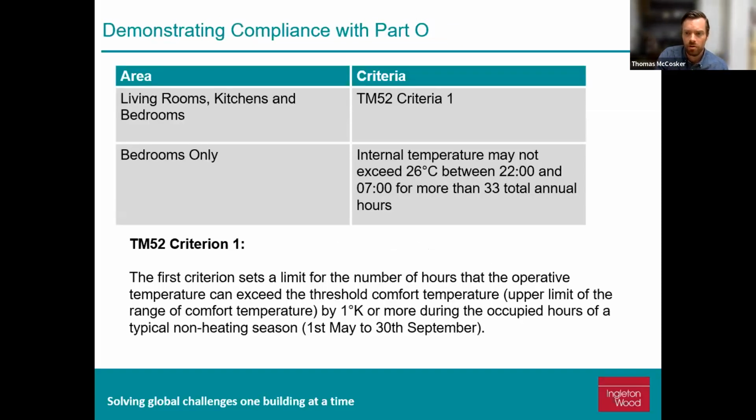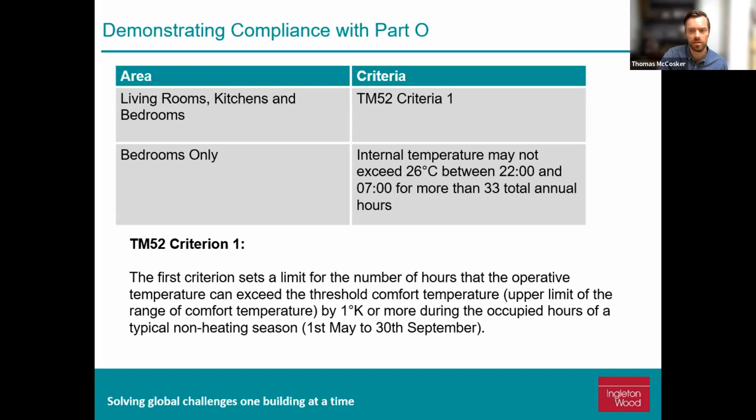Part O has the same criteria to demonstrate compliance as TM59. You have to pass criterion 1 based on TM52, which I'll go into in a second, and also a bedroom test, much like Jason was talking about before. The two assessments look at internal temperatures within occupied spaces to ensure that occupants are comfortable during the day, but also at night.